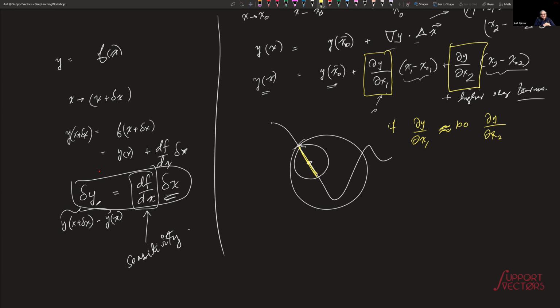For unit change along the x1 direction and unit change along the x2 direction, what is y responding to more? 100 times more on x1, isn't it? So quite literally, you're saying that maybe feature 2 is not that important locally.